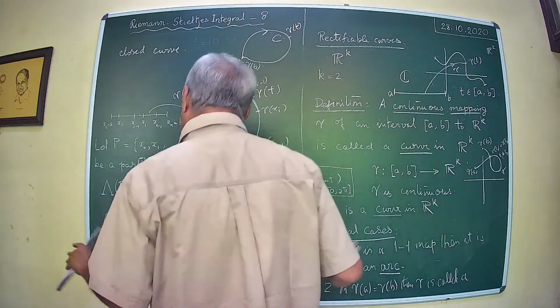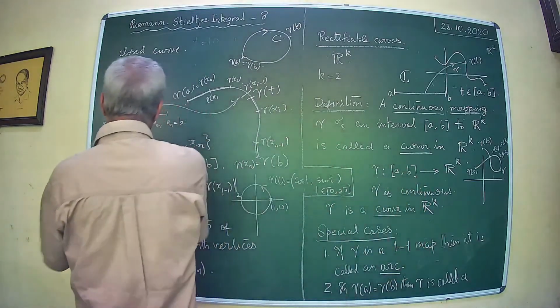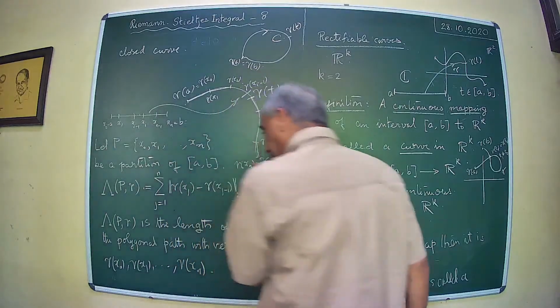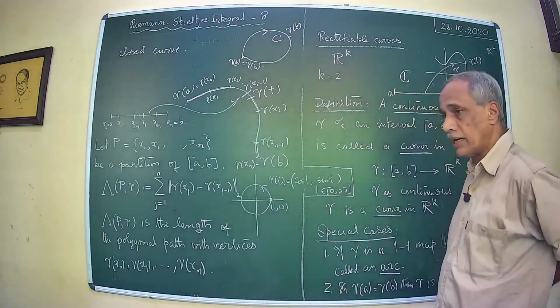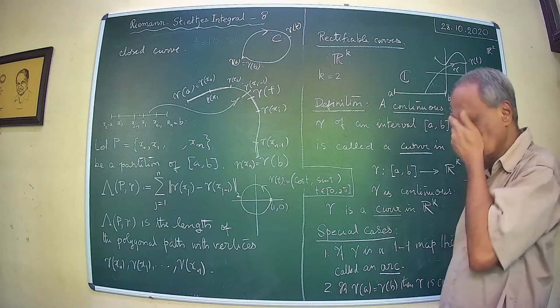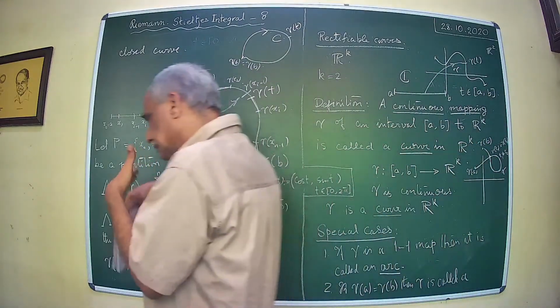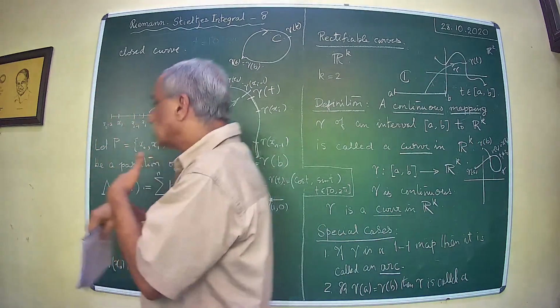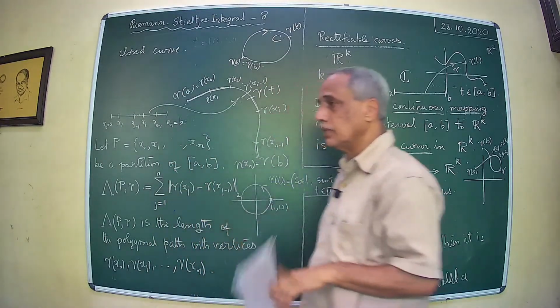Now what one does is make the partition finer. As we make the partition finer, what happens to the polygonal path? The polygonal path gets closer to the curve gamma.